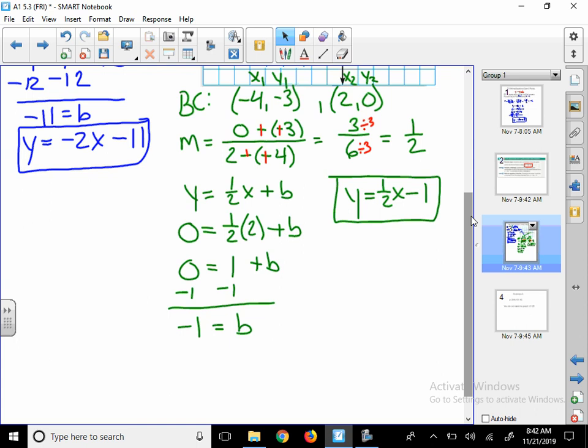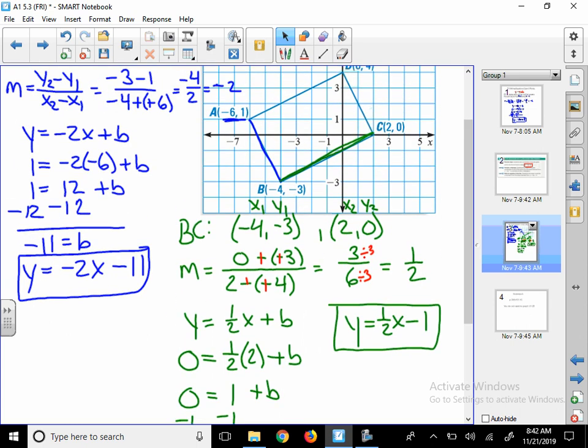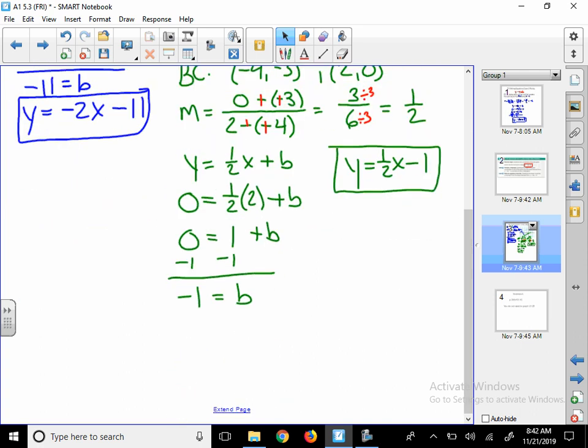Now, there's something special about these two lines. These two lines are actually what we call perpendicular. Hopefully you guys have heard that term before, perpendicular. But in case you haven't, okay, my blue and my green lines.